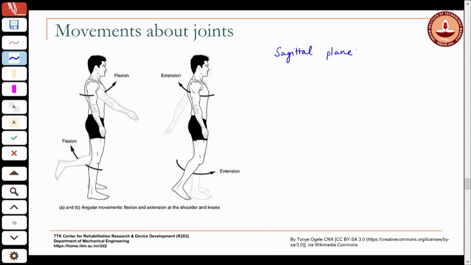In some literature, you will see the term hyperextension, when you move it beyond the anatomical position. But otherwise in the sagittal plane you talk about flexion and extension.